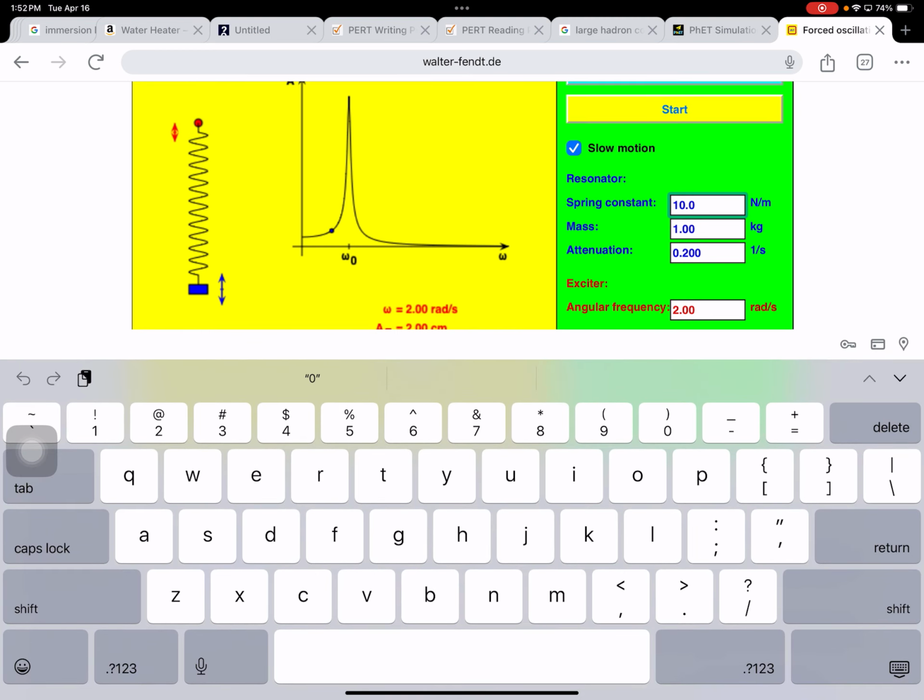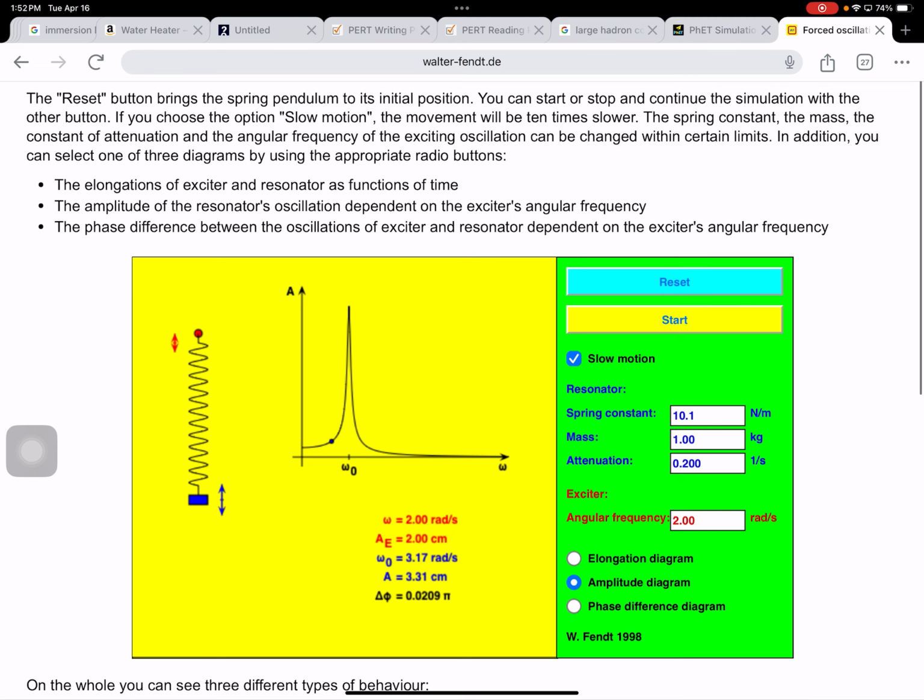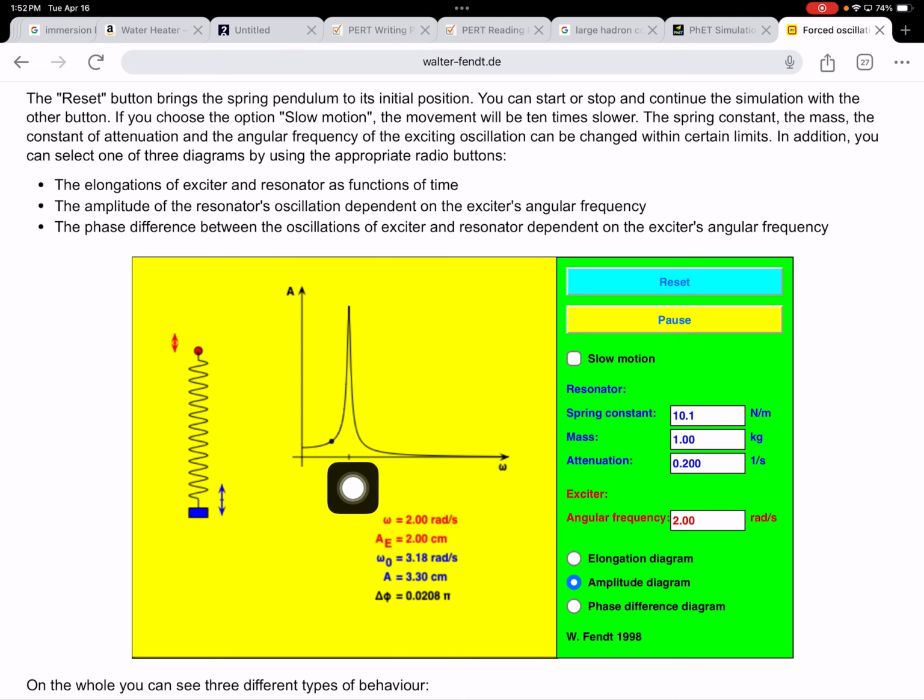Okay, so we will drive it at a frequency that doesn't match the natural frequency. No, it's too slow. Okay, so there's the driving frequency and there's the natural frequency. Okay, watch this now.